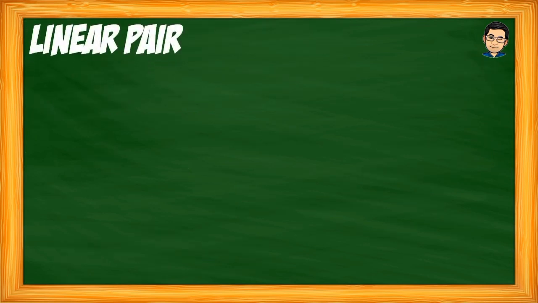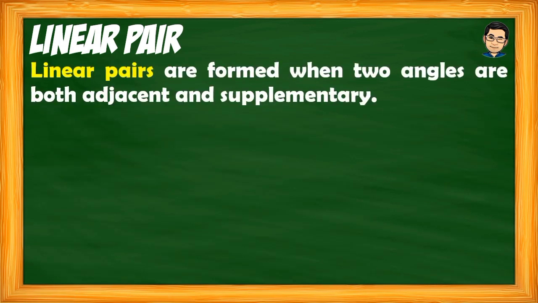So, let us have linear pair naman. Linear pairs are formed when two angles are both adjacent and supplementary. So, napo-form lang yung linear pair kapag yung dalawang angles ay magkatabi, magkadikit. And then at the same time, supplementary. So, yung sum ng dalawang angles na yun is 180 degrees.